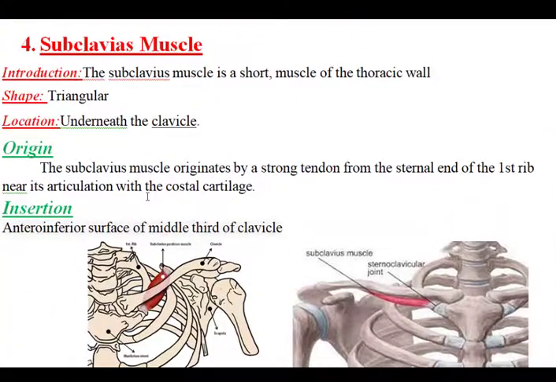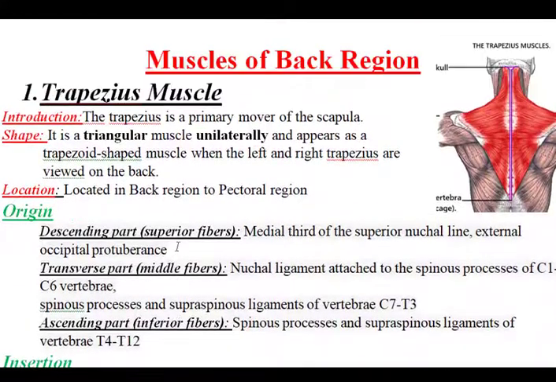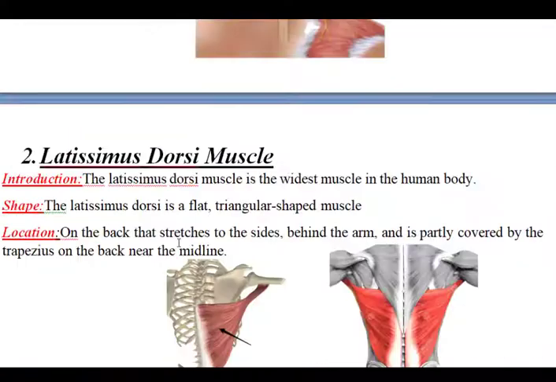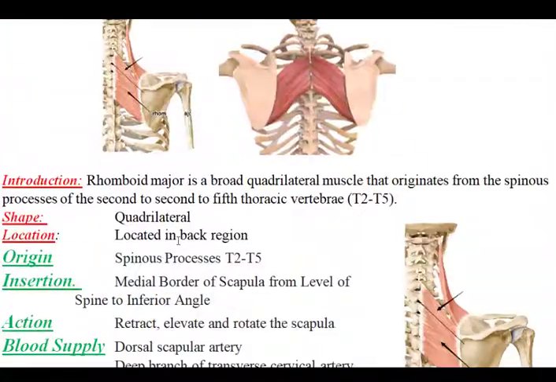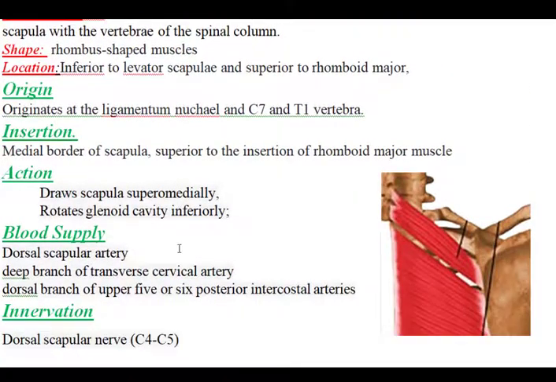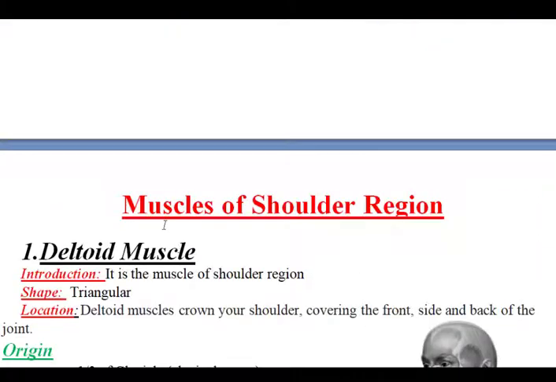So 4 muscles were present in your pectoral region and 5 muscles in your back region: trapezius muscle, I hope you have watched these lectures, then latissimus dorsi, then levator scapulae, then rhomboid major and rhomboid minor. So these 5 muscles are present in the back region. Now in the next lecture we are going to discuss the muscles of the shoulder region.